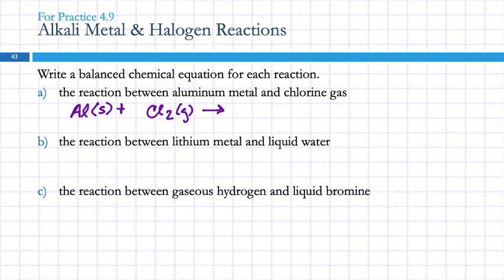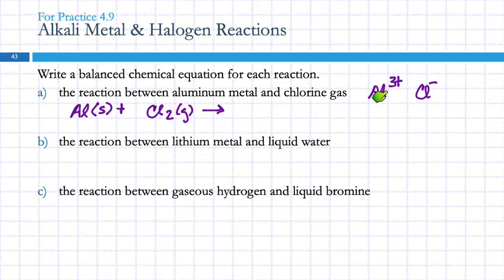So, now we need to figure out the formula of the compound that forms between aluminum and chlorine. Aluminum has what charge as an ion? 3+. It's in group 3A. Remember 1A, 2A, 3A, zinc, and silver. And chlorine has what charge? -1. Because the noble gases are 0, and then as you count backwards on the columns, they go -1, -2, -3. So I have my two ions with their charges.